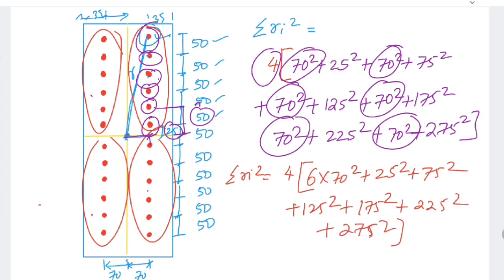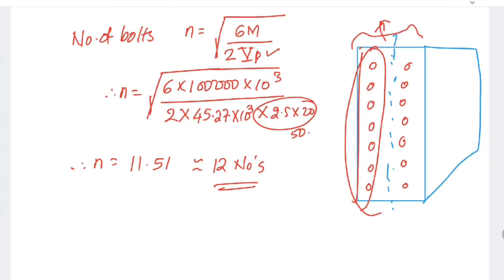Like that we can easily find out. So total sum of Ri square is equal to 832,600 mm square. In this way we'll be finding the value of these things.